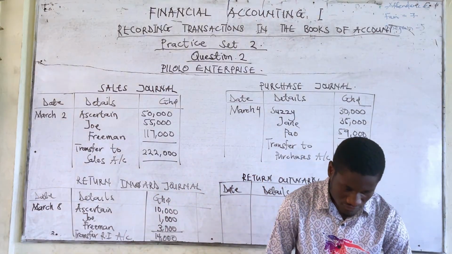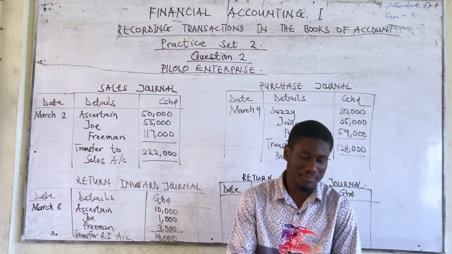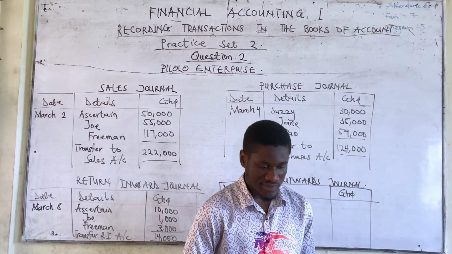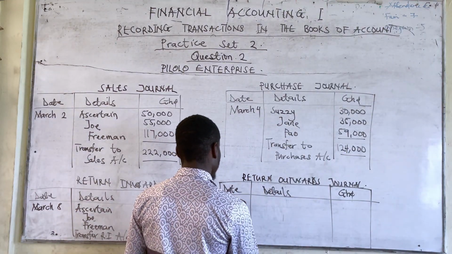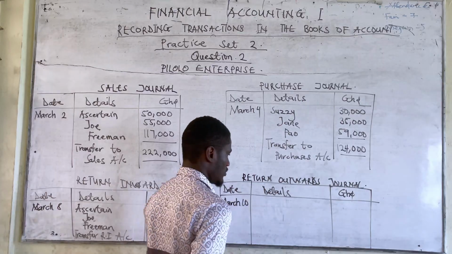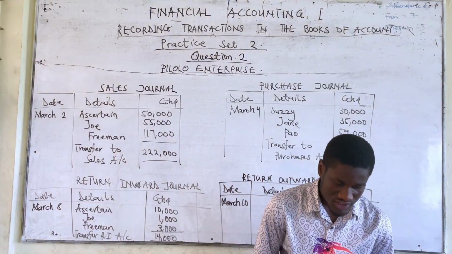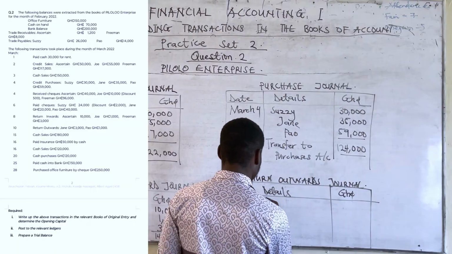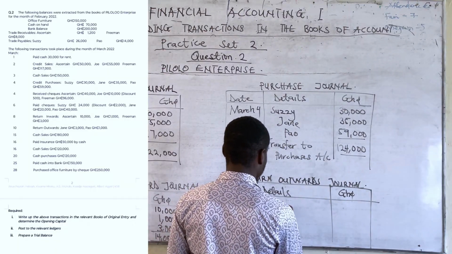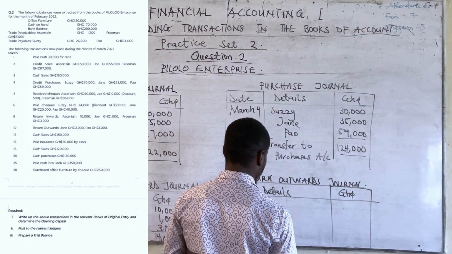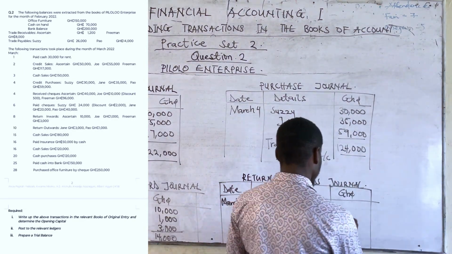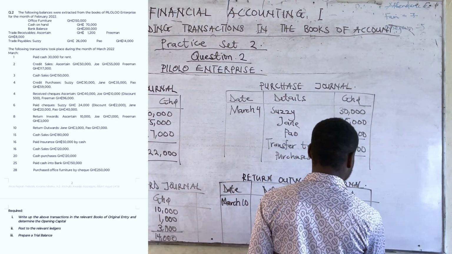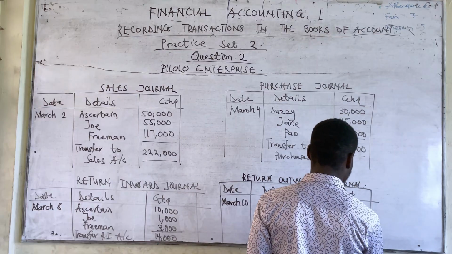So we check out for returns outwards and we see that March 10th there was returns outwards, okay? March 10th, and it involved Jane and Paul. The amount was 3,000 for Jane and 1,000 for Paul.